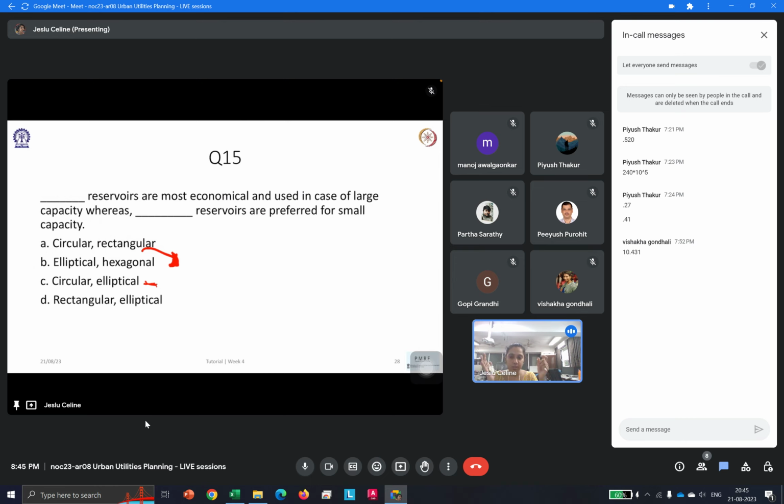The forces need to be directed to one single point. So it's not easy, and we always prefer circular or rectangular. So the answer here is circular and rectangular. We have a circular reservoir for large capacity and a rectangular reservoir for small capacity.